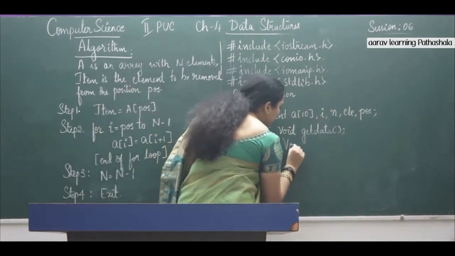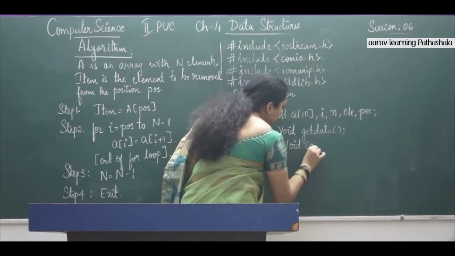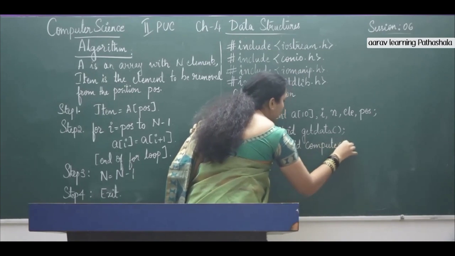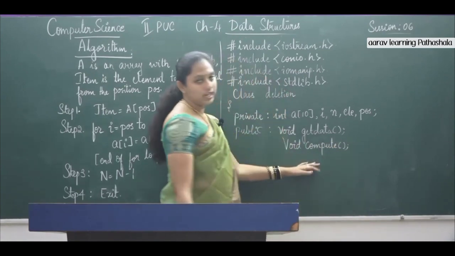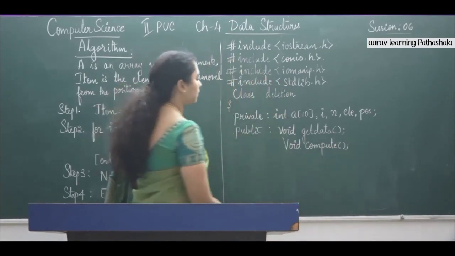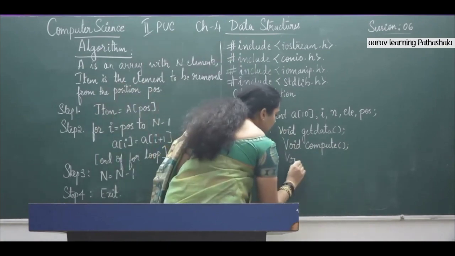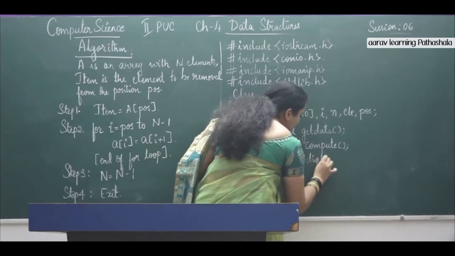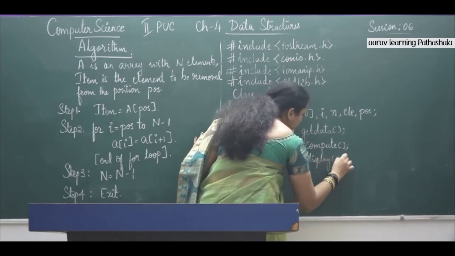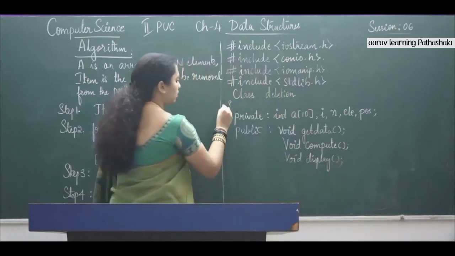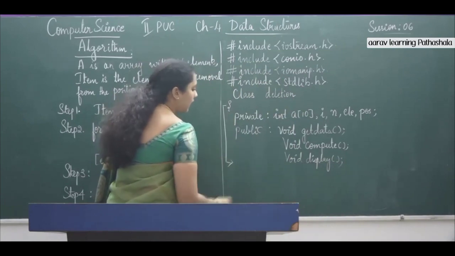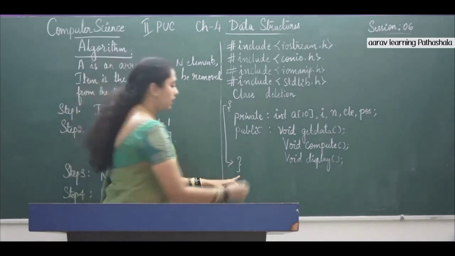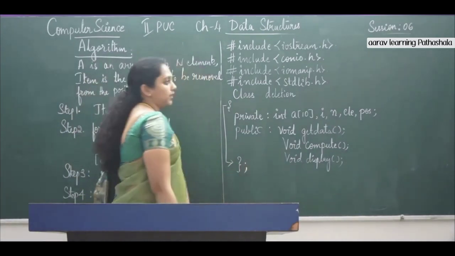And void compute function is used to write the required calculations in the C++ program, and void display is used to display the output. I am going to close this class using semicolon.